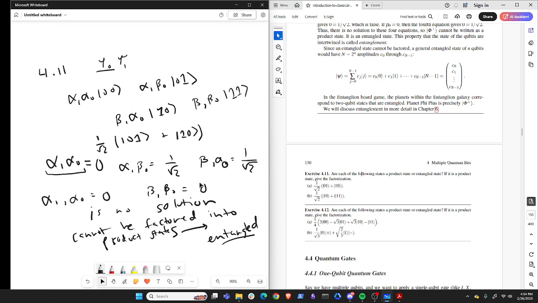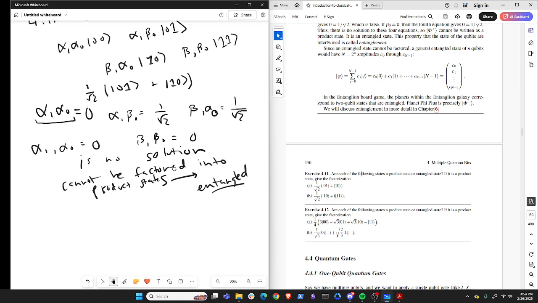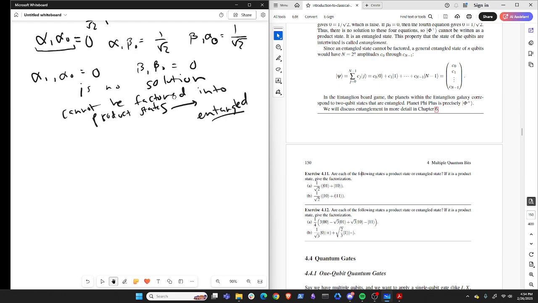With the second example, with B, alpha sub 1, alpha 0 is equal to 0, since 0, 0 is once again not present. The amplitude for 0, 1 is 0, so beta 0 is equal to 0.